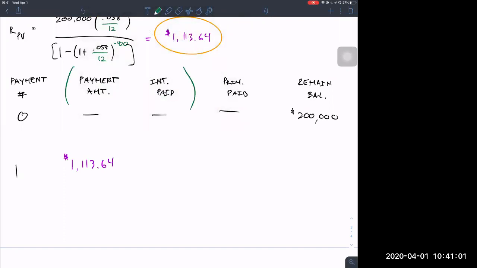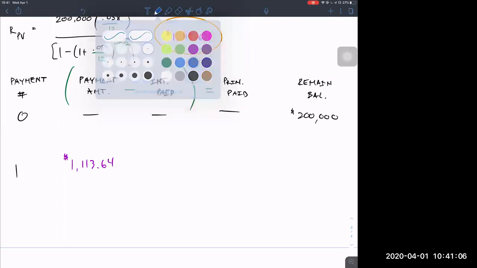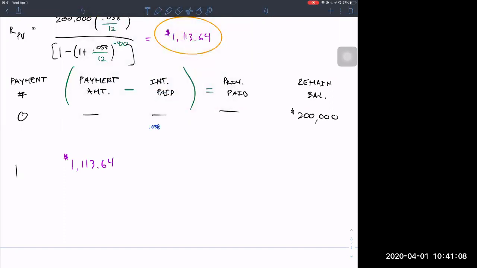It's the difference of these two gives you this, but how do you find the interest paid? 0.058 over 12 times 200,000. This gives you 0.058 divided by 12 times 200,000 gives you 966, rounding this to 67. So now same thing, right? You're taking the difference between these two.